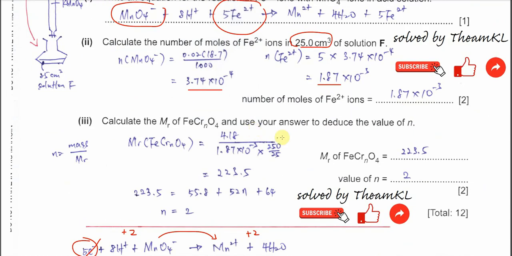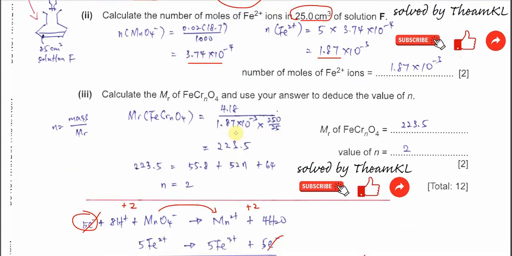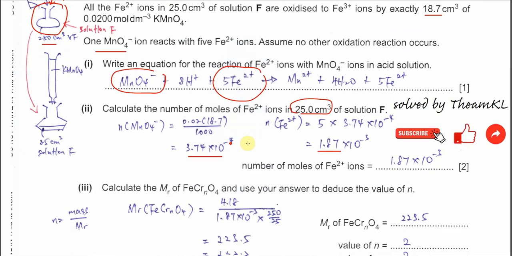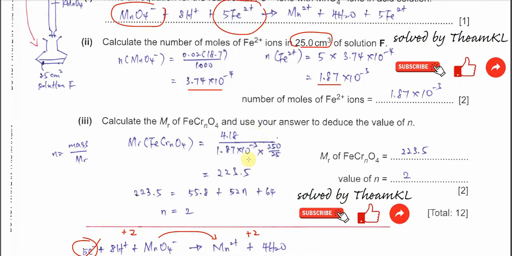So you need to convert a bit here. Use the moles that you obtained in part 2, and you need to times this ratio. 250 over 25 means 10 times larger. So use this mole now for the calculation. 4.18 gram given here, the sample mass. So mass over mole, you get this molar mass.